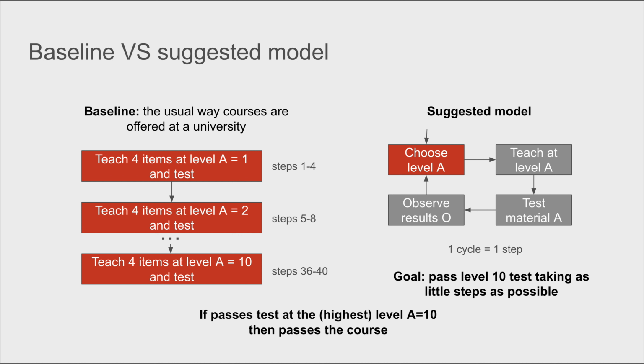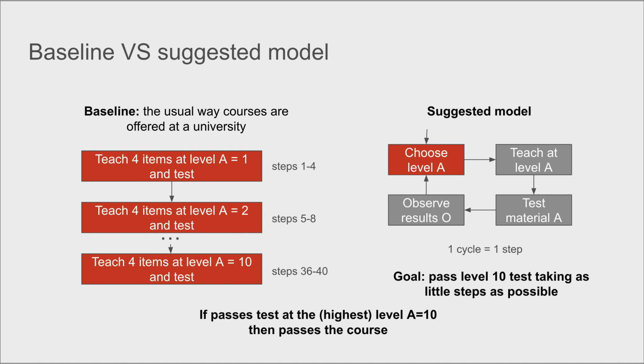And on the right, we can compare it to our agent, where we select an action on what level to teach the course, then teach and test at that level, look at the observed result of the test, and infer from it the current student knowledge level.